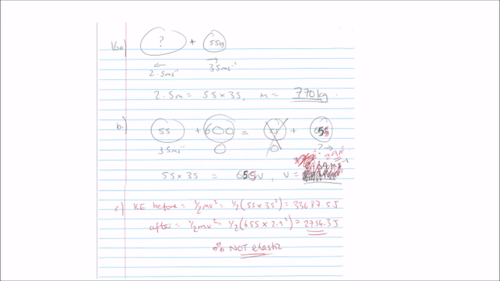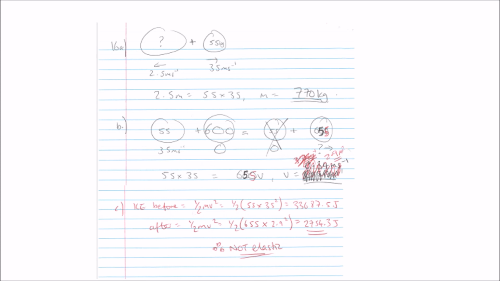Question 16, bit of a scribble, do apologise. Here are my two bodies. You have to work out the mass of the initial one, so don't forget momentum is conserved. I just do the momentum of that one there and then divide it by the velocity of this one to get the mass. It came out to 770.